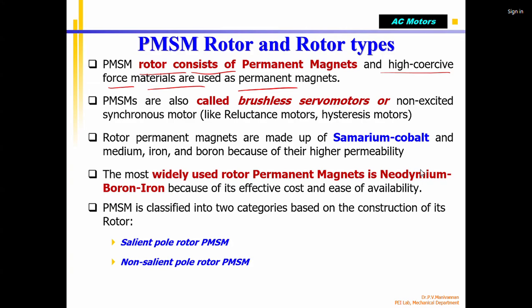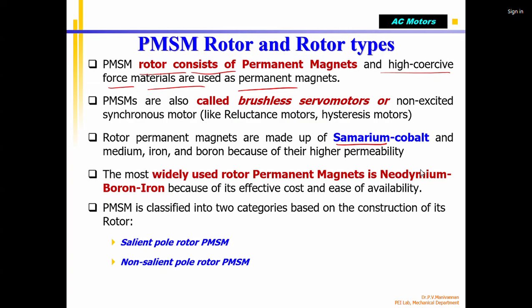There are some 7 to 8 types of materials, samarium and neodymium. These are called rare earth materials. Compared to iron, nickel, cobalt, for a given size they can create 3 to 4 times more magnetic flux. That is the advantage of the rare earth magnets.